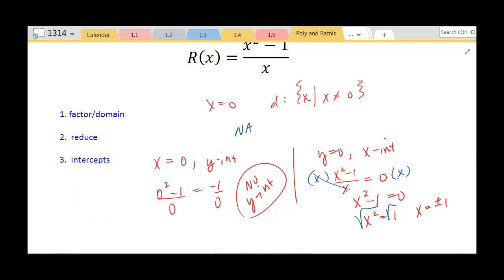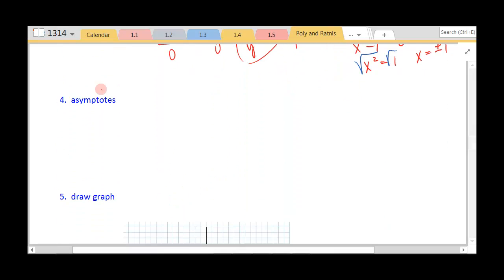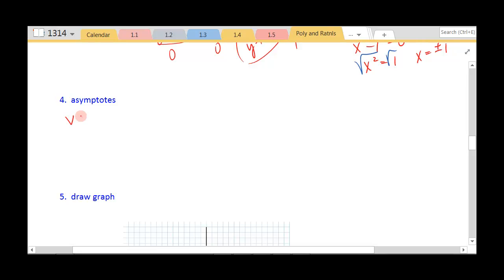Next, let's move on to the asymptotes of our function. For the vertical asymptote, remember that's where the denominator is equal to 0. We know that the denominator was equal to 0 when x was equal to 0. So that's one of the asymptotes. Now for the other asymptote, whether it be horizontal or oblique, we want to go back and determine the degree of my function.